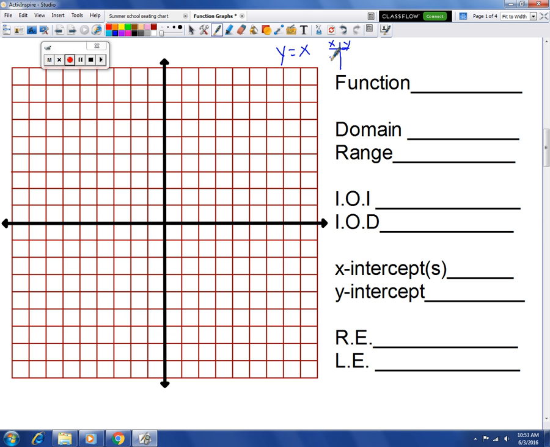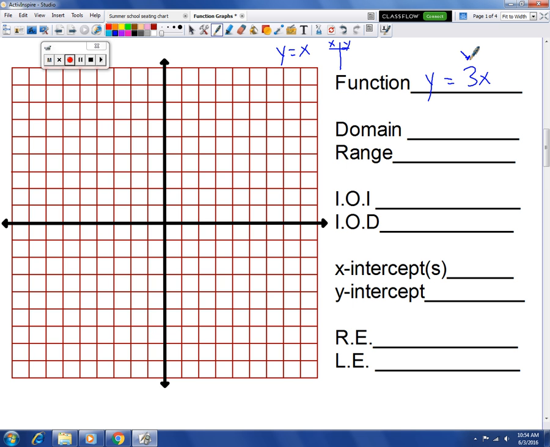No. We have to be more efficient in our graphing. When I'm doing y equals 3x, which is your problem right now, how do I change my y equals x? If I learn how to change that, then I don't have to do an input-output table chart.